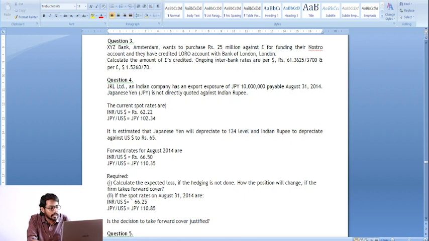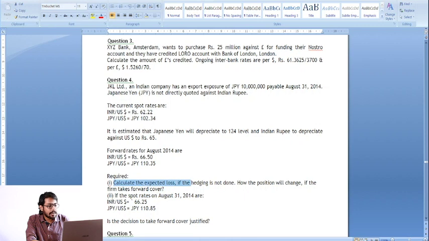Currently, spot rates are so much; after so many months, on August, this is estimated to be the situation. Now, the forward rates for August 2014. What is the forward rate? For August 2014, today itself you are fixing the price with the bank. The forward rates are INR by US dollar 66.50, Japanese yen by US dollar 110.35. Required.